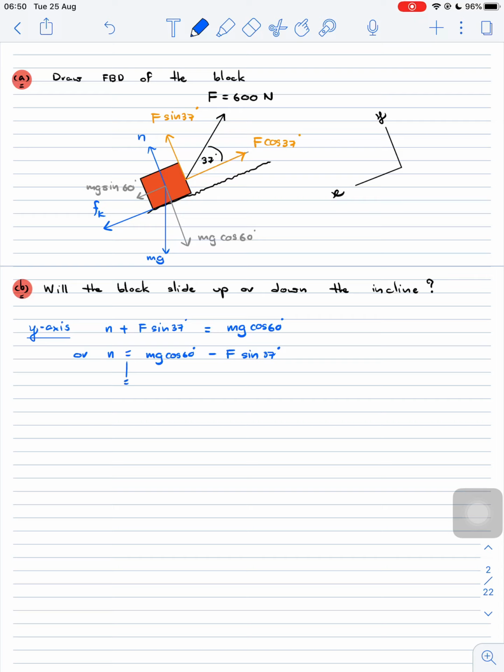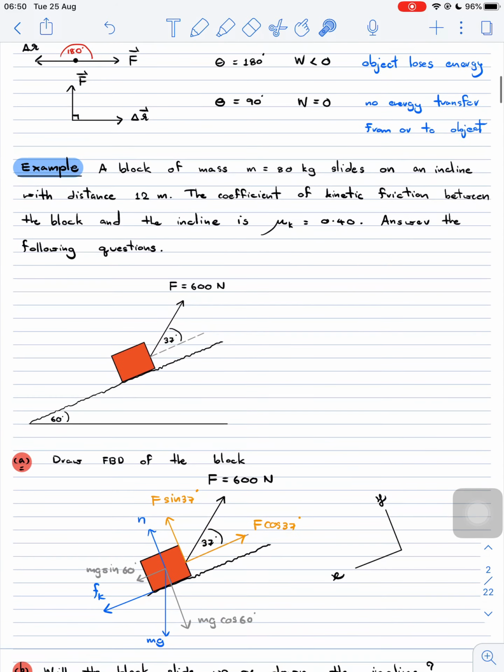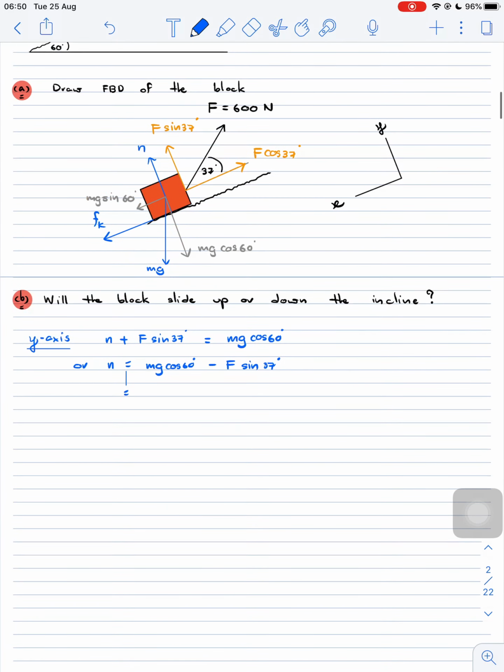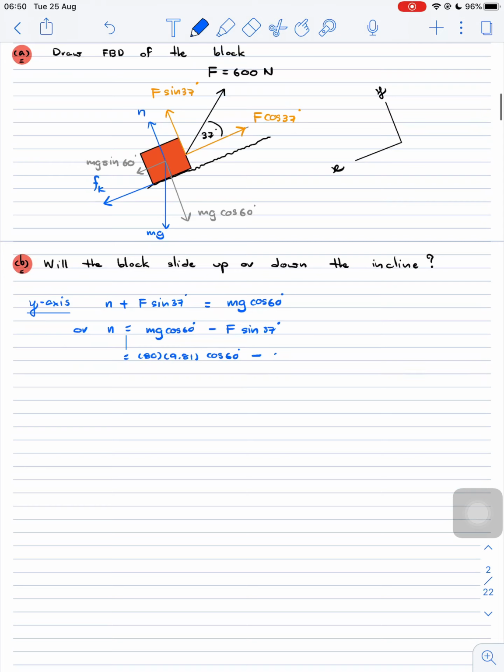So let's substitute the numbers into the equation. The mass of the block is 80 kilograms, so just put 80 here. And g is 9.81. We have cosine 60 degrees, and minus F, which is 600 Newtons, times sine 37 degrees.